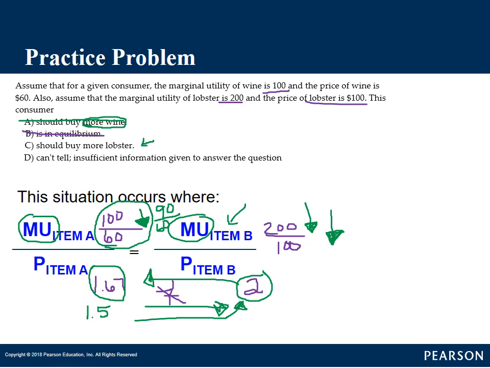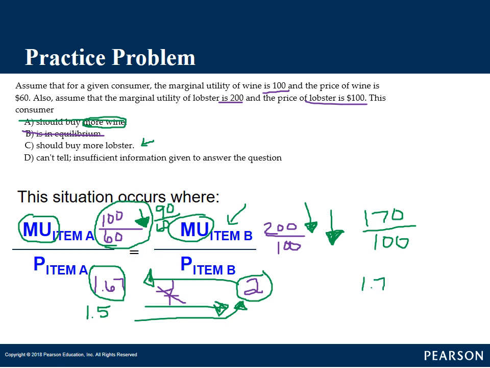Okay, so let's just try this here. Let's say we buy more lobster, so our utility drops from 200 to, let's just say, 170. So if it's at 170 and our price still stays at $100, 170 divided by 100 is 1.7.